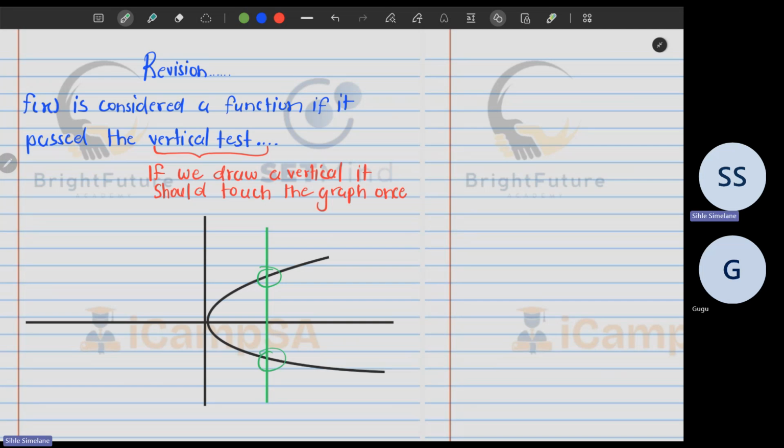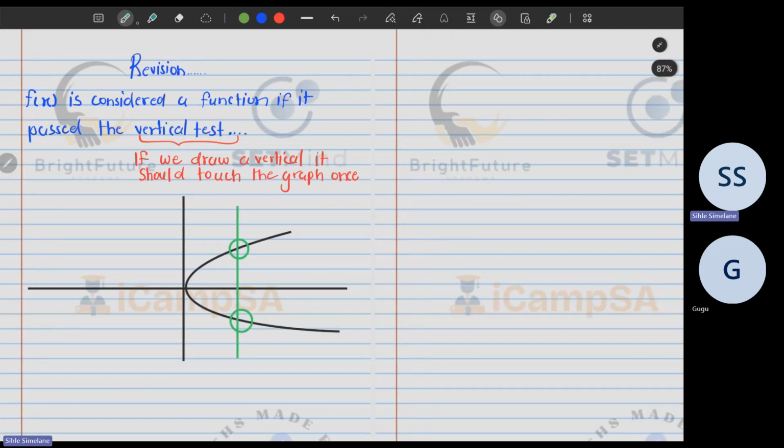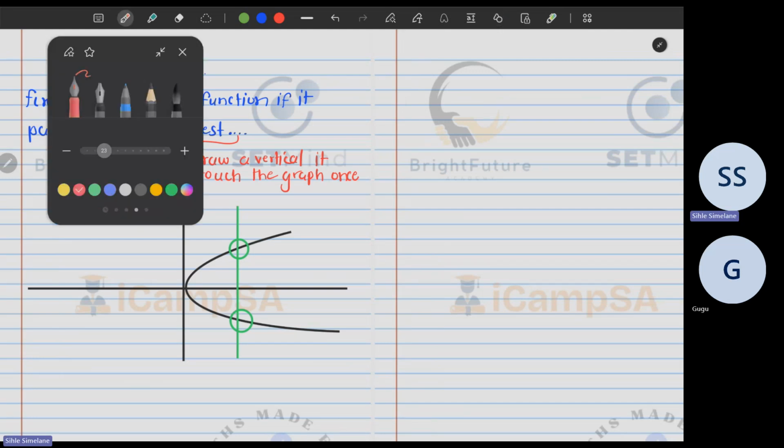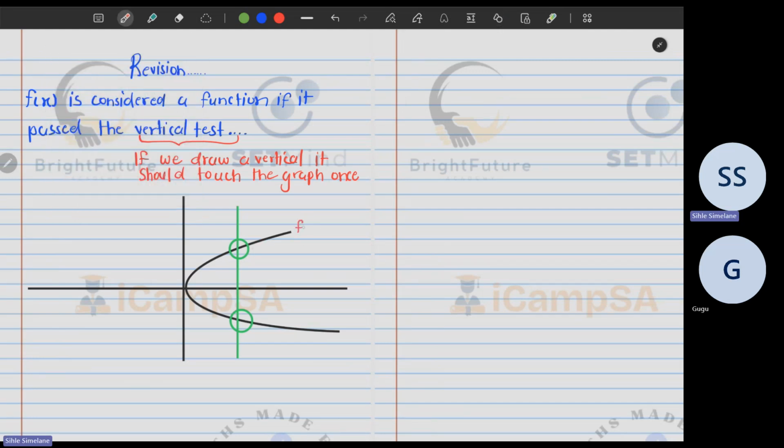And we said for it to be a function, the vertical line must be touching it at 1 point. So this f of x here, let me just leave it as f of x, is not a function.